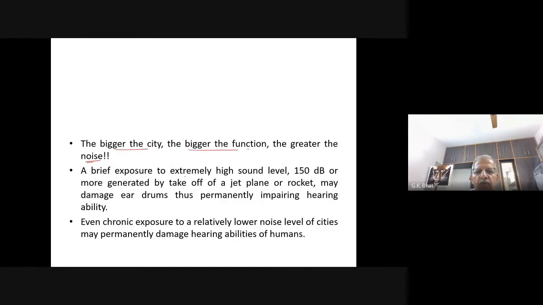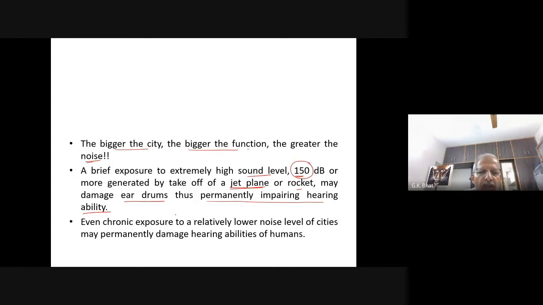A brief exposure to an extremely high sound level, 150 dB or more, generated by the takeoff of a jet plane or rocket, may damage eardrums, thus permanently impairing hearing ability. Impairing means spoiling, destroying your hearing ability. So noise above 150 dB is very detrimental.